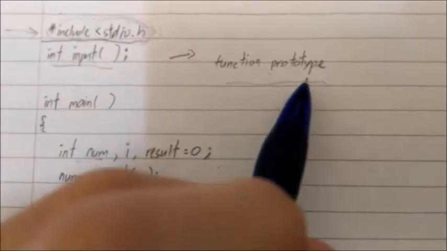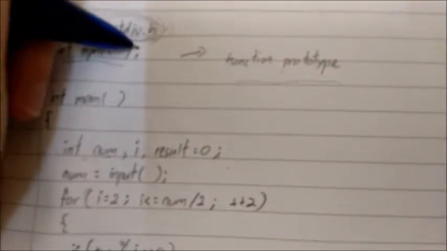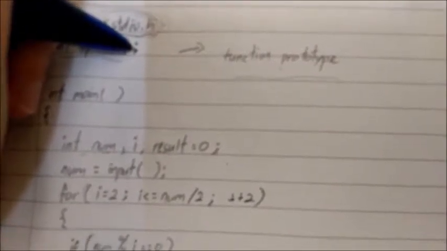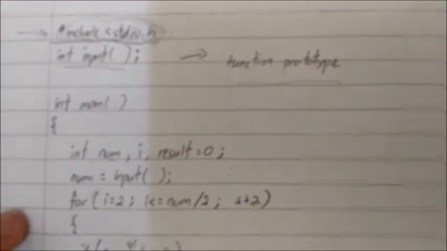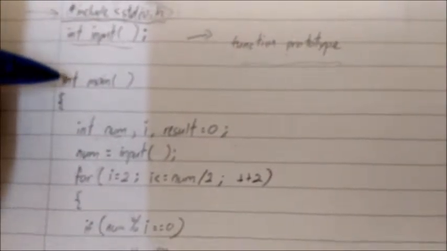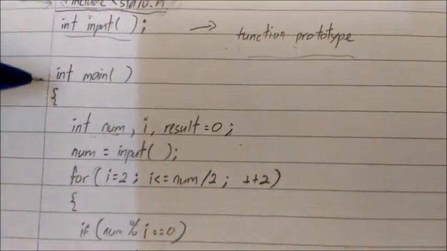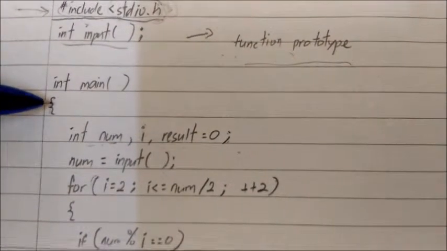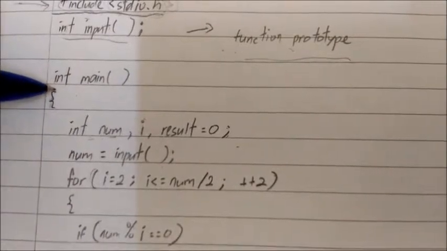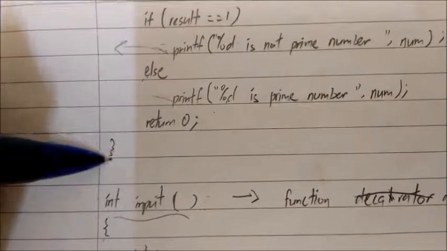In the function prototype, we use input, and in the function prototype we must have a semicolon here. After this, we go into the main function. In the main function, we must have a curly bracket at the start and the end of the main function.